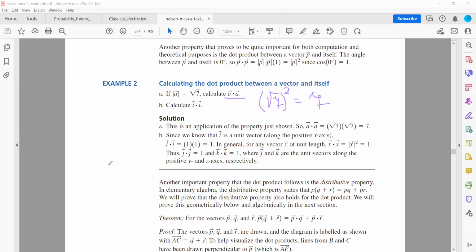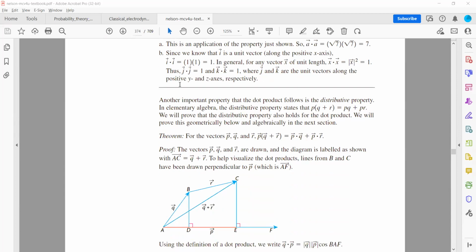So we can conclude that for any unit vector, whether it's i, j, or k, where i is for the x-axis, j for the y-axis, k for the z-axis, the dot product of the unit vector by itself would always be equal to 1. I hope there are no questions about this, just clarifying some facts.